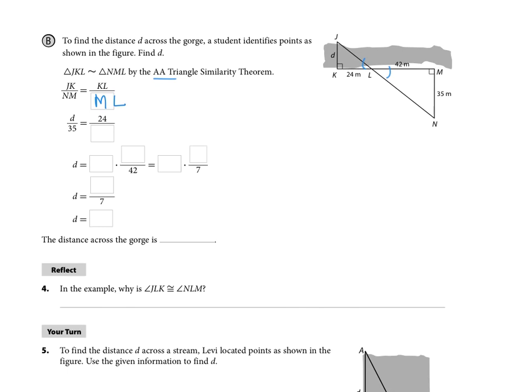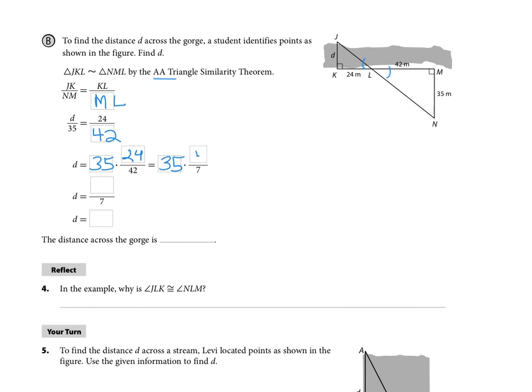And then the measurements that we have there are D is our unknown, 35 is our NM, KL is 24, and ML from our diagram is 42 meters. So if we fill in what we need here, we've got multiplying both sides by 35, and then reducing that 24 over 42 fraction.